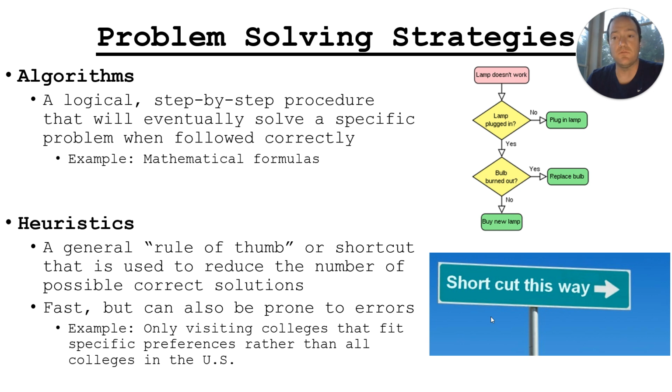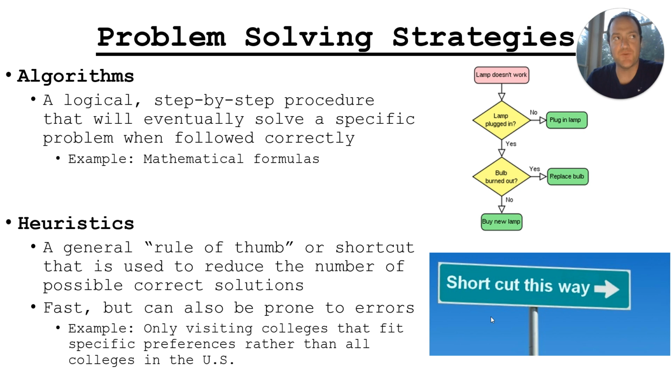Hypothetically speaking, if you don't visit every single college when you're trying to make your decision, then there will always be a chance that one of those colleges was a better fit for you. But you decided to eliminate that from your list of possible solutions, and therefore it wasn't in consideration. So you arrived at a decision quicker, and it was more efficient, but it might be error prone because of that.